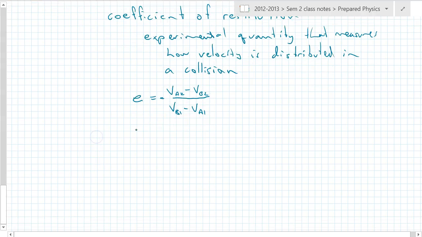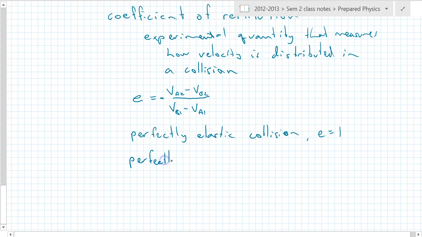And it turns out that for a perfectly elastic collision, e is equal to 1. For a perfectly inelastic collision, where the objects stick together, there's no relative velocity after the collision, and we have e equals 0.